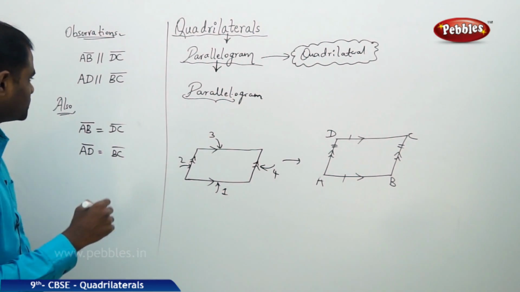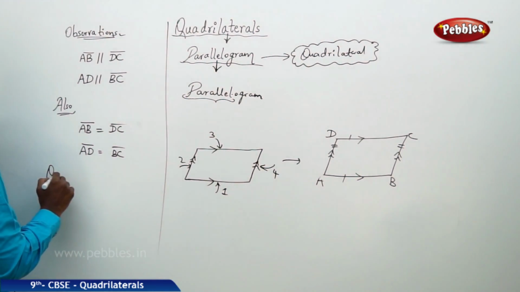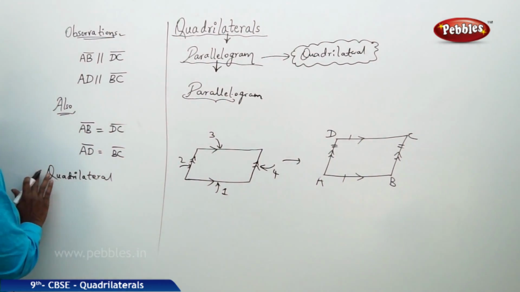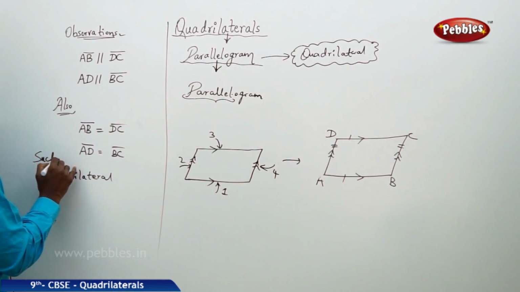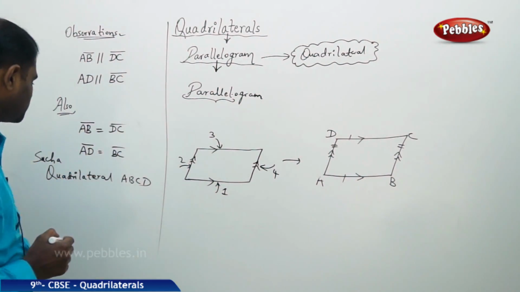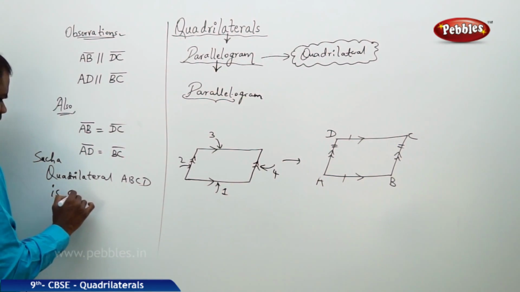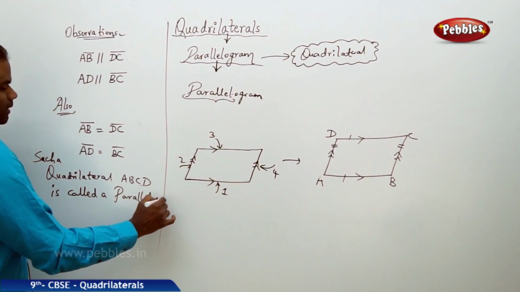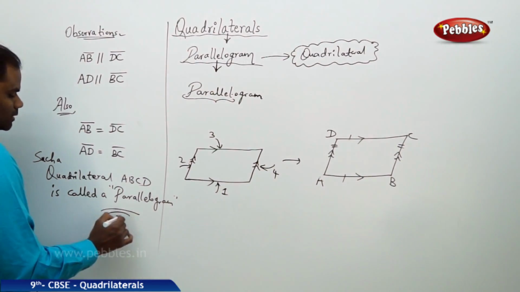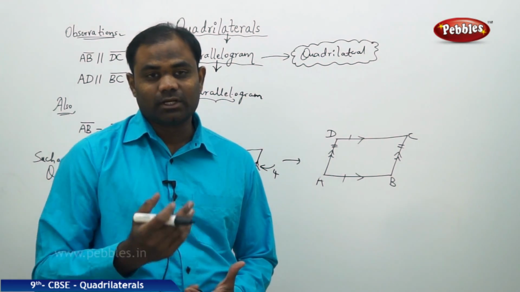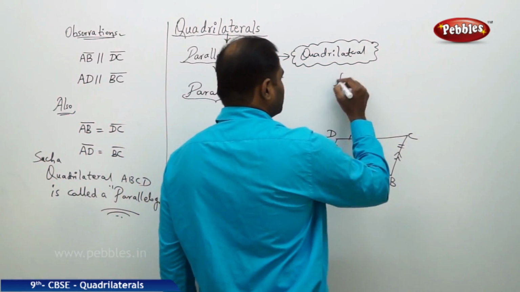So therefore, such a quadrilateral ABCD, which satisfies these two properties, is called a parallelogram. That's how we understand the quadrilateral as a special case with a parallelogram. Parallelogram.